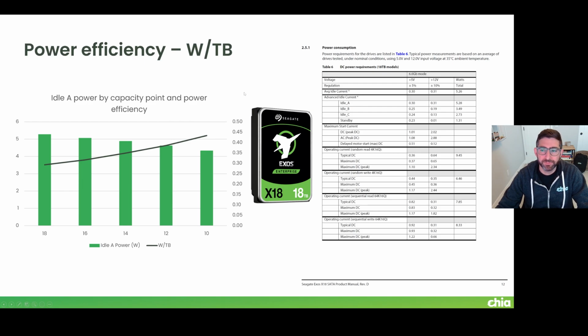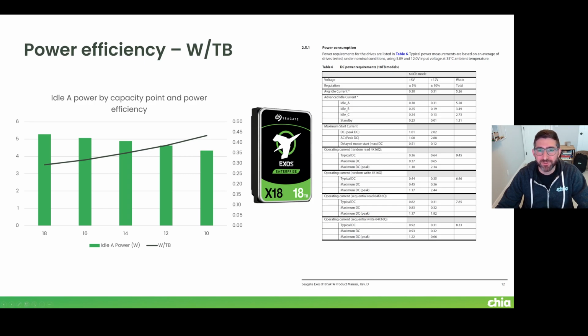And you can see, so again, in farming, the whole idea of going through that process of finding out how much idle time the drive has is because if the drive is idle 99.7% of the time, but it's being accessed on average 80 to 90% of every minute, then by the normal idle timers, you're actually going to spend the majority of time in idle A, about 99% of the time, and about 1% of the time you're going to spend doing these random reads, which at peak random read would be 9.45 watts, but we just mentioned, in Chia you're only doing less than 1 IOP.